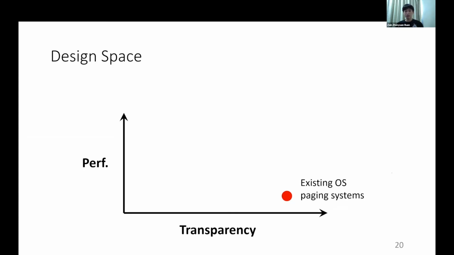As a result, existing OS paging systems achieve low performance, but high transparency, since no application code change is required. Another way to use far memory is using RDMA to manually manage objects. It is able to achieve high performance, but requires significant programming effort.